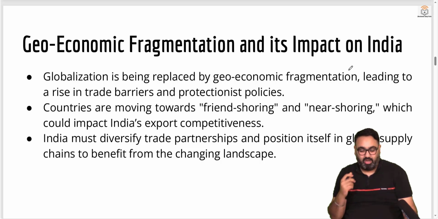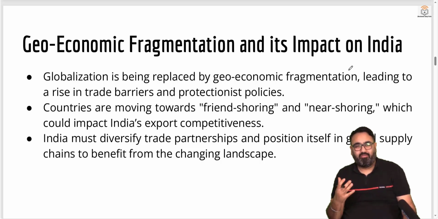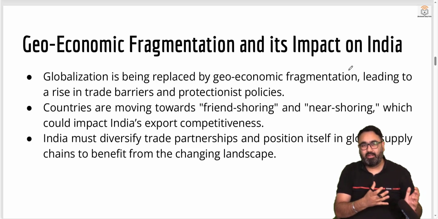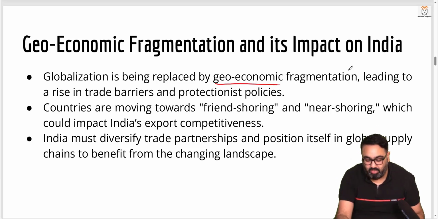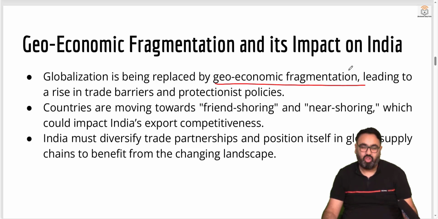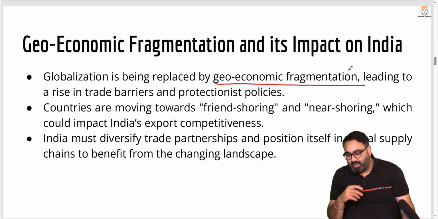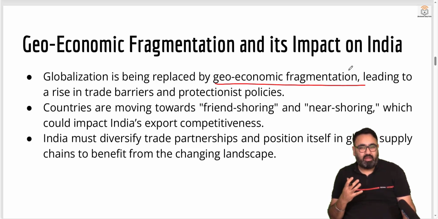Now, what are these global factors and what will be their impact on India? One big factor is that we are increasingly seeing globalization changing its nature. Globalization is being replaced by geo-economic fragmentation. What do you mean by this? In simple terms, globalization meant that every country in the world will be open to trading with the other countries.